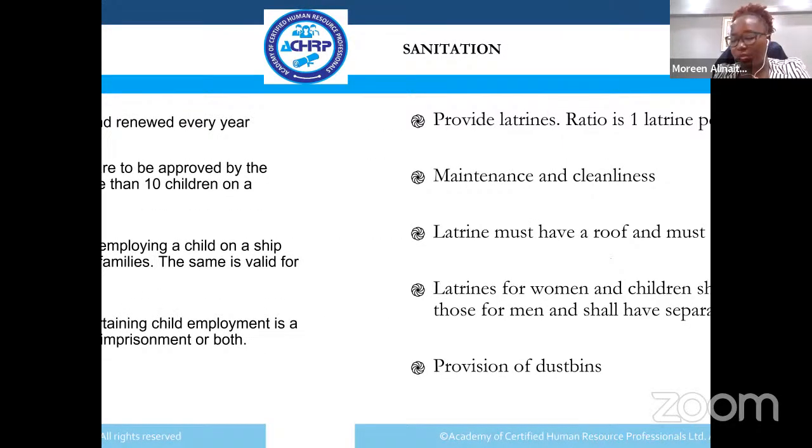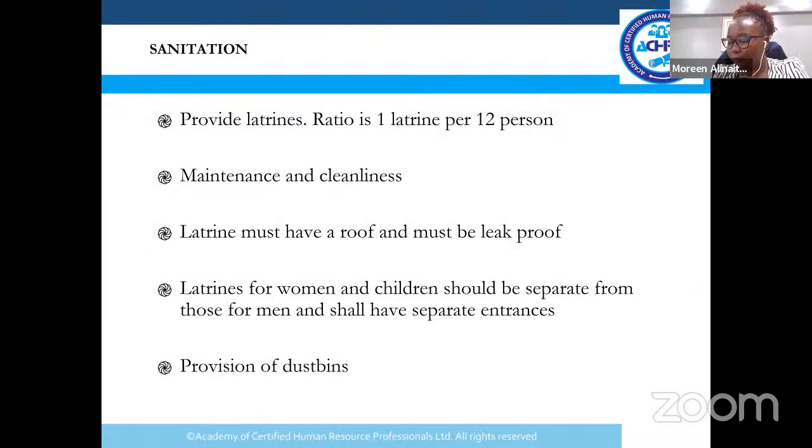So we are moving on to the last aspect, sanitation. Now, this sanitation, I've tackled it briefly. And this is in line with the employers who provide housing for their employees. It is prescribed under the rules that you're supposed to provide a suitable latrine.